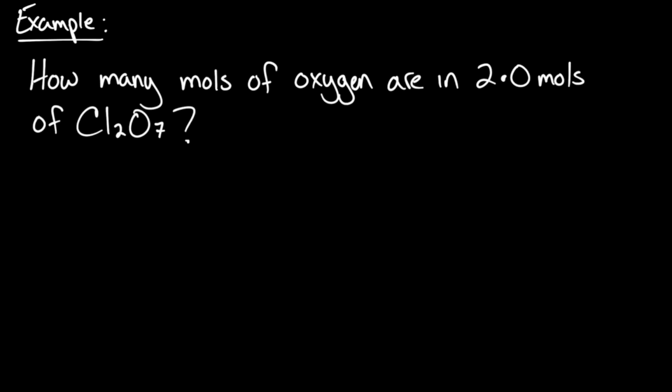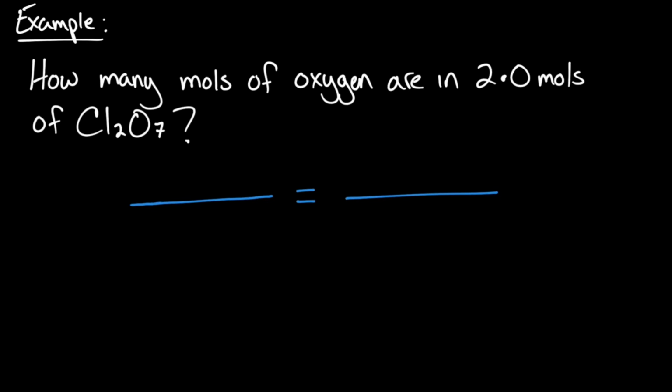So I can solve this problem by setting up 2 equivalent fractions. In my equivalent fraction on the left, I'm going to write the ratio of Cl2O7, which is the compound we're working with here, to oxygen, which is what I'm asked for in the question, based on the chemical formula.